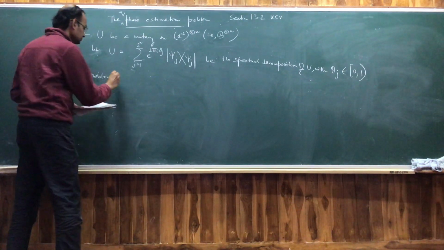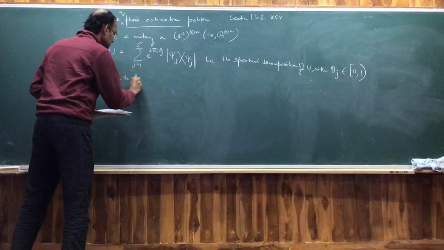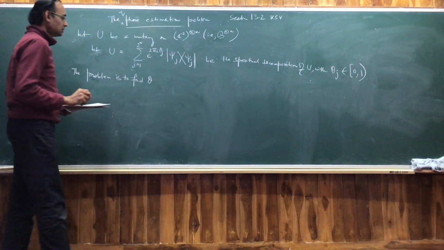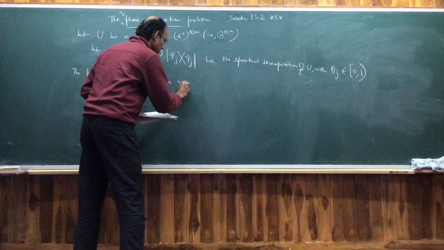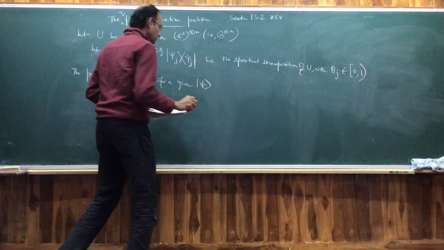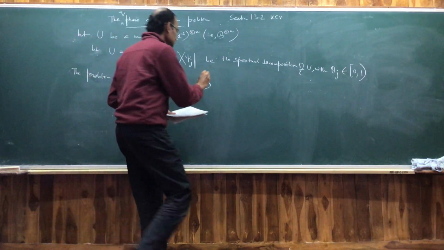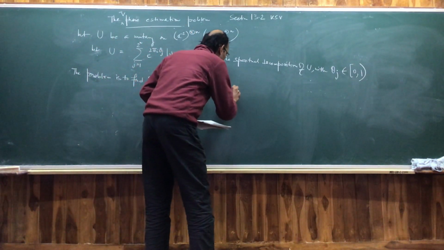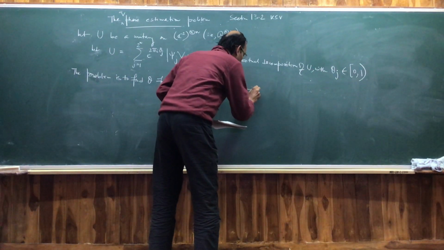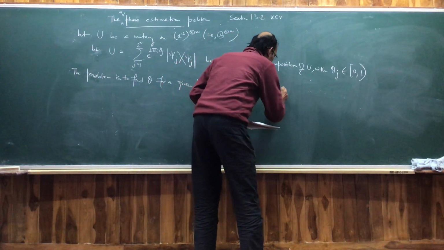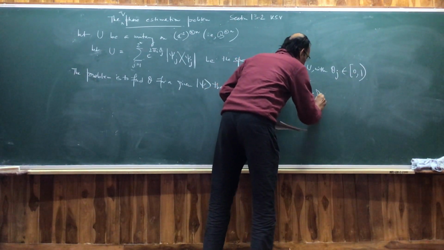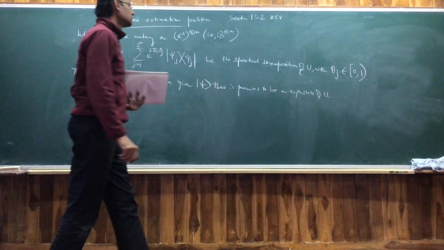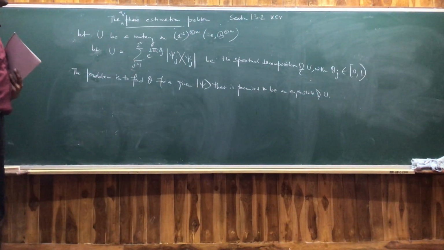The problem is to find the theta for a given psi that is promised to be an eigenstate of U. Okay?